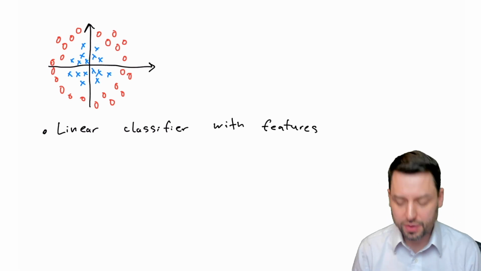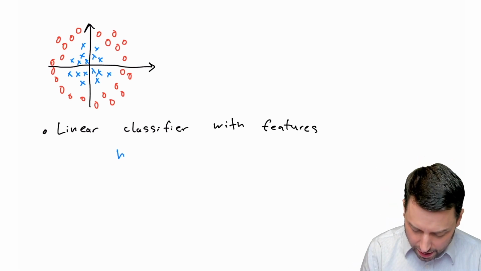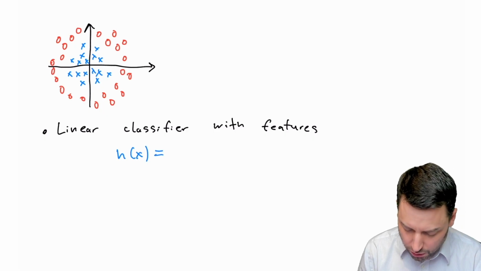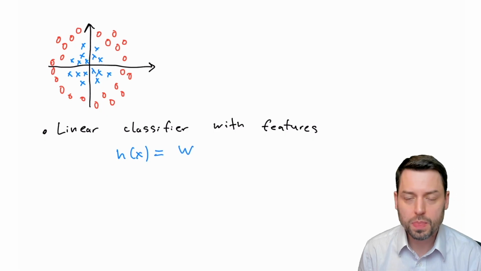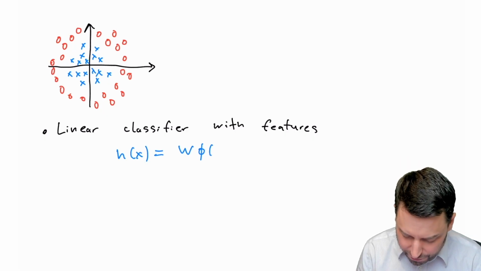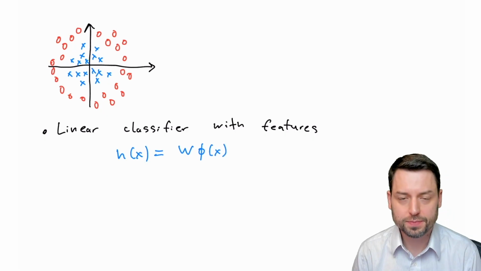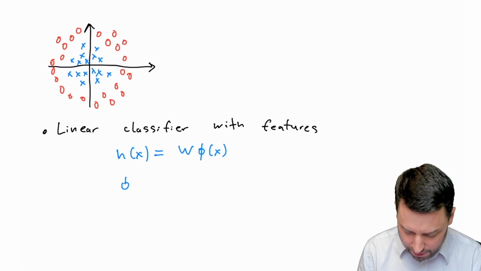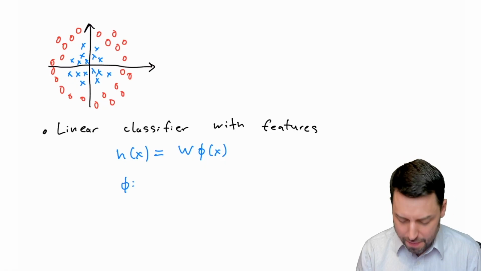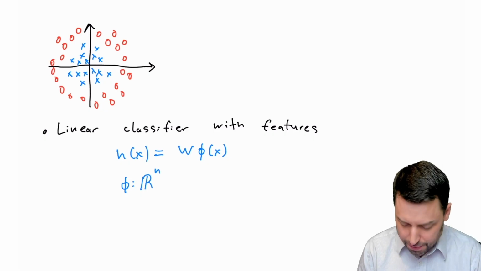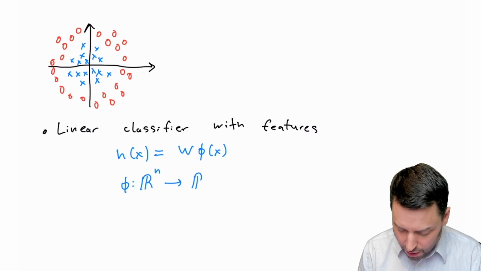So I'm going to define my model h of x to be equal to some matrix W, not times x anymore, but times some function phi of x. Okay? Where phi here is just some mapping from our input space R^n to some other space R^d.